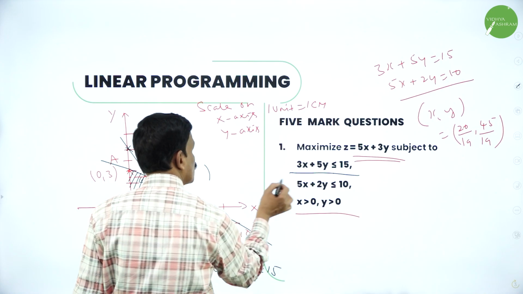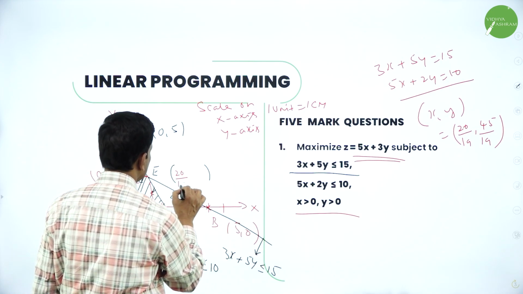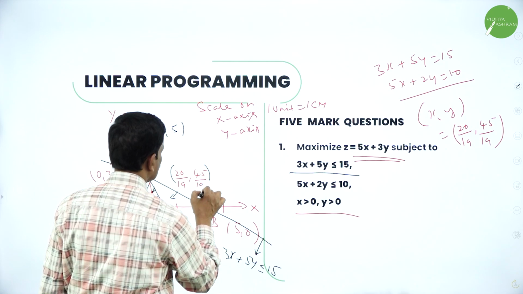So therefore these points are 20 by 19 and 45 by 19.